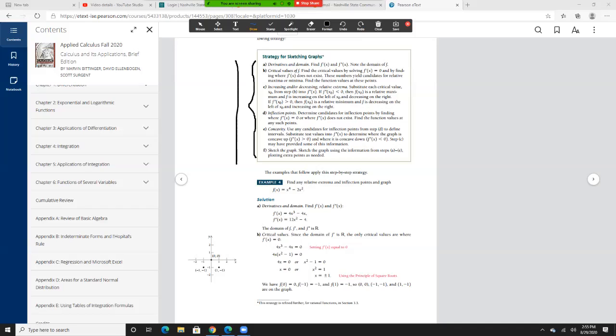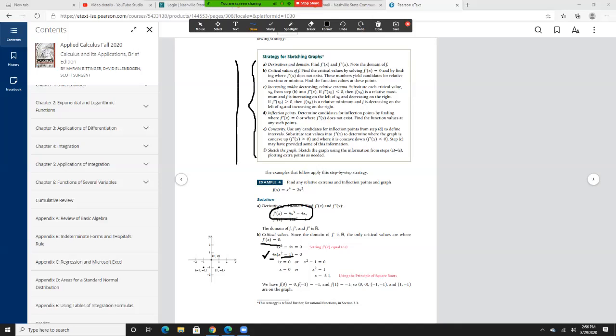So let's look for critical values. To find critical values, we set the first derivative equal to 0. In other words, 4x cubed minus 4x is equal to 0. Here they factored out a 4x, and that left us with 4x multiplied by x squared minus 1. And x squared minus 1 is a difference of squares.